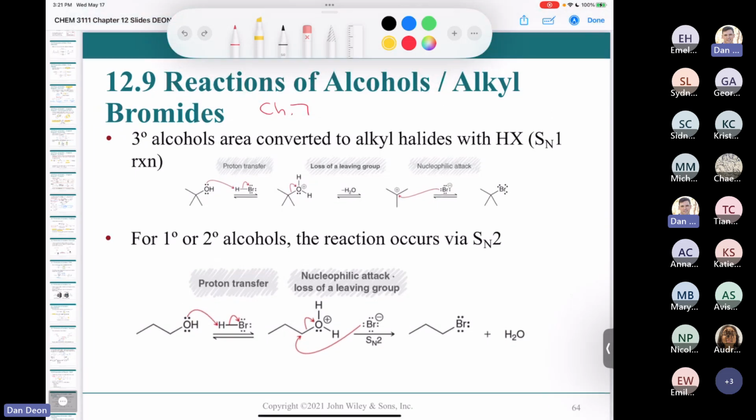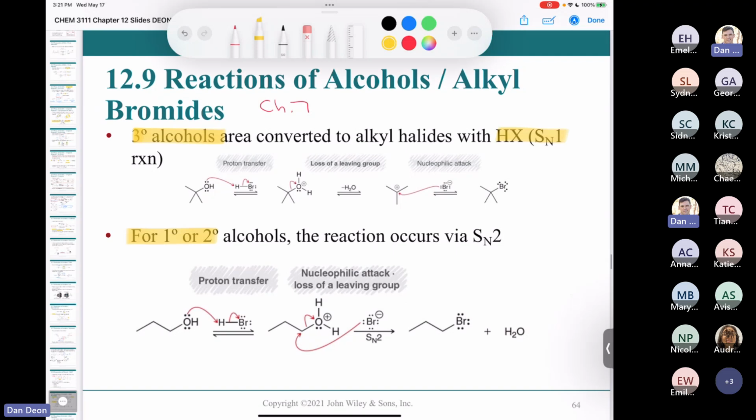So again, tertiary alcohols are converted with HX in an SN1 reaction. For primary or secondary, it's going to go via an SN2. I don't have an example of a secondary shown here because if you're doing a secondary, you're also going to get E2. So I'll put E2 also in that case.